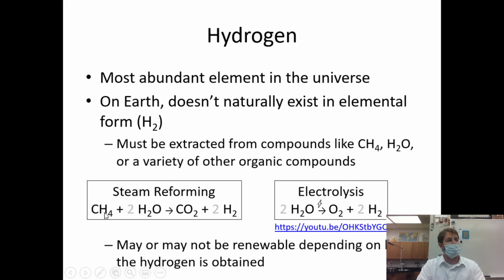The most common way of getting hydrogen, so this is the way that we use the most, because it's the easiest, is steam reforming. We take any fossil fuel and we add water, and that produces carbon dioxide and hydrogen gas. What's the obvious problem with steam reforming?